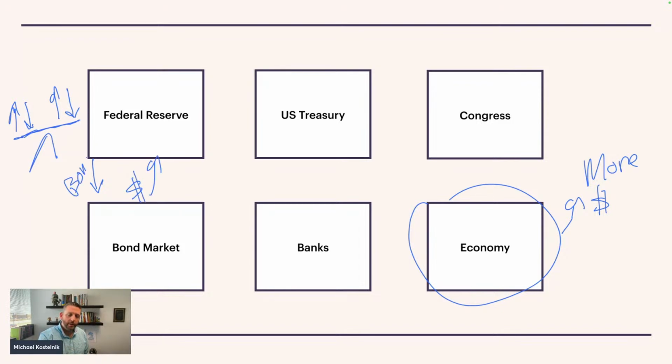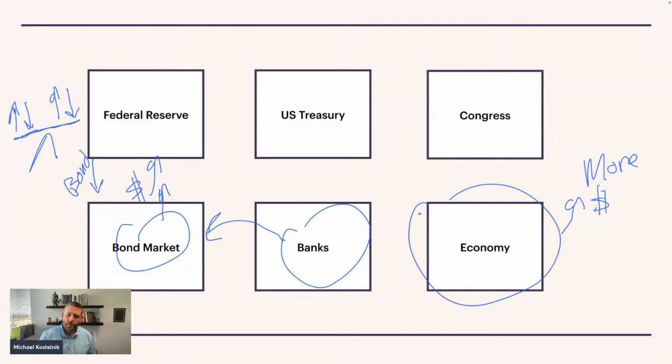Selling bonds on the market takes money out of the bond market and into the Federal Reserve, driving up interest rates. And as those interest rates go up, the bank will say, well, I can either lend to you where there's a risk I won't get my money back, or I can just give it to the government. So now the bank says, I'm going to buy bonds from the government instead of lending to you.